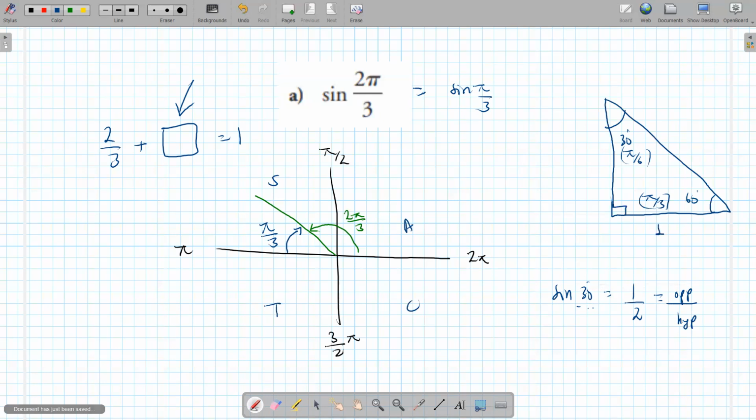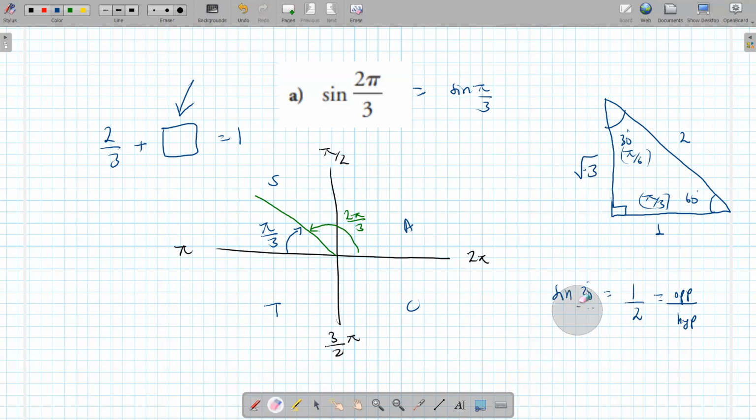So 1 here, 2 here. What'll be our adjacent side of this triangle? Or how can we find it? It's a right angle triangle. We have 2 sides. You use the Pythagoras theorem, right? So what would it be? What is this side, if that is 2 and that is 1? It's not 1. It'll be root 3.